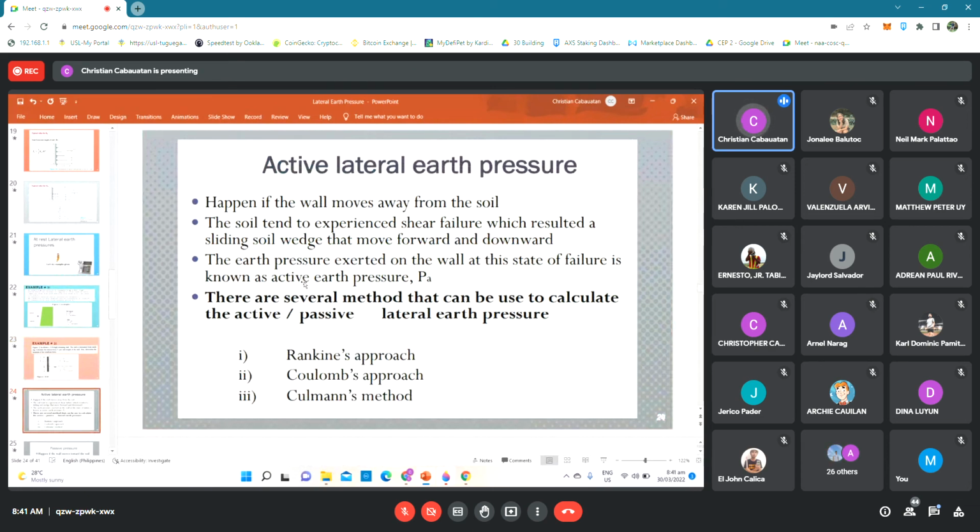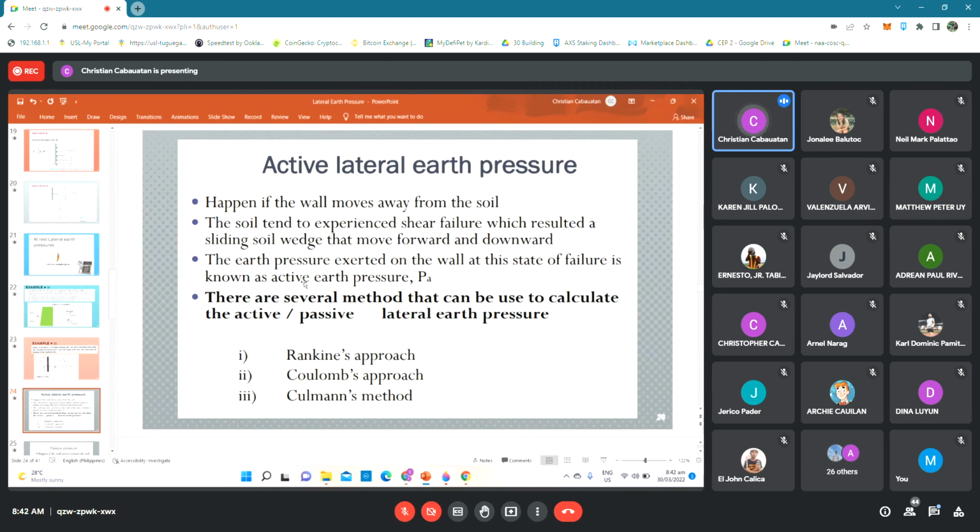So, for this moment, we would be able to determine also the active lateral earth pressure. It happens if the wall moves away from the soil. The soil tends to experience shear failure, which results in a sliding soil wedge that moves forward and backward. For this type, it is just tension, kasi nga, move away from the soil.